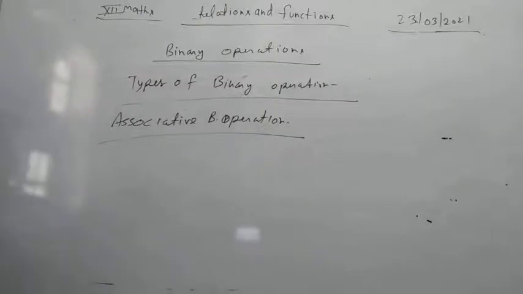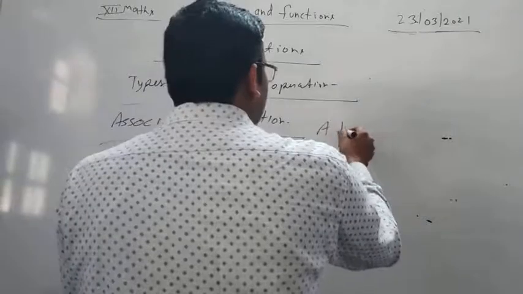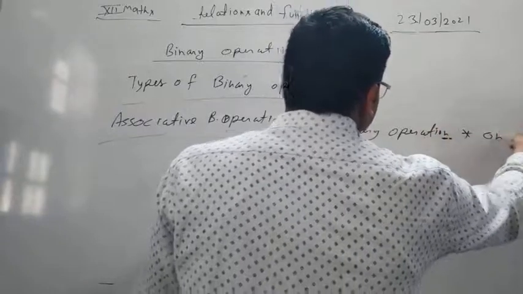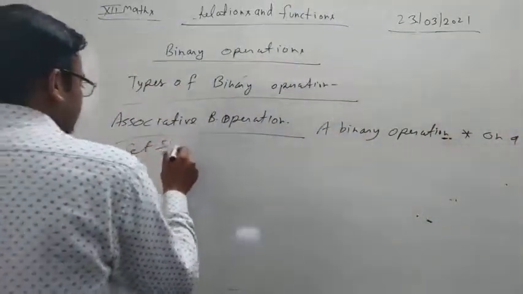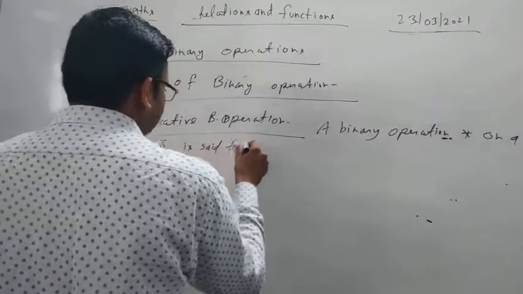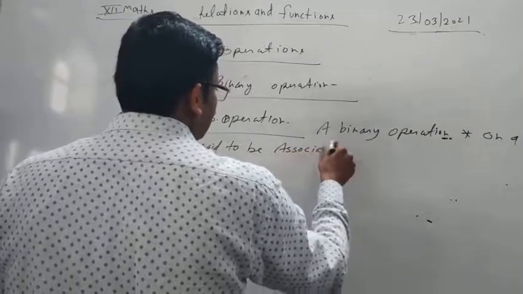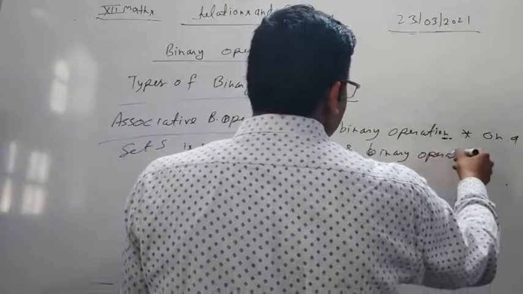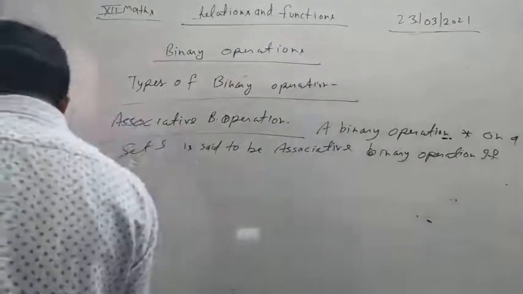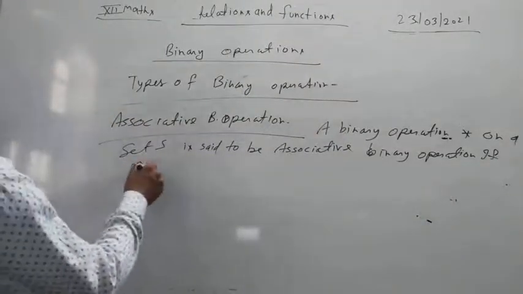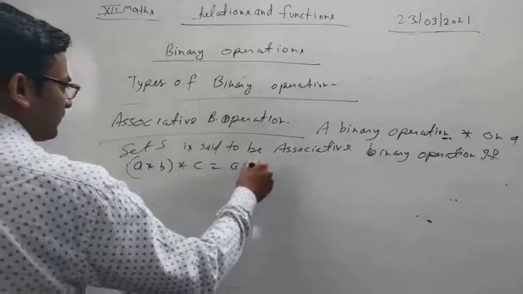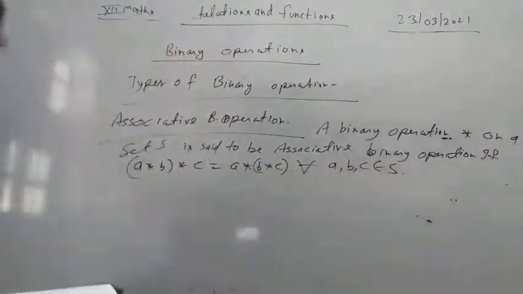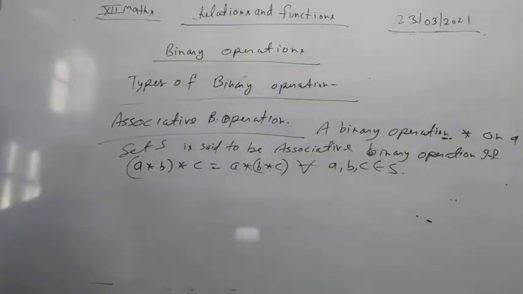A binary operation star on a set S is said to be an associative binary operation if (A star B) star C is equal to A star (B star C) for all A, B, C belong to S. Okay, students, for all A, B, C belong to S.